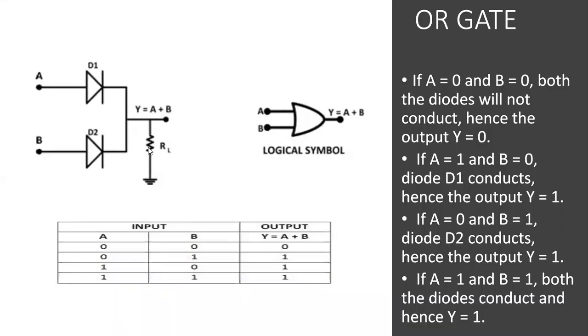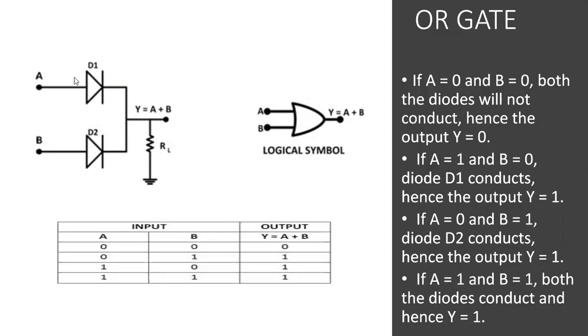Let us see the operation of this OR gate. I'm going to implement this OR gate with two diodes like this. I'm giving the two inputs A, B and output Y. Through this output, I'm connecting the load resistor. If you give 0 to A and 0 to B, both the diodes will not conduct, hence the output will be 0.